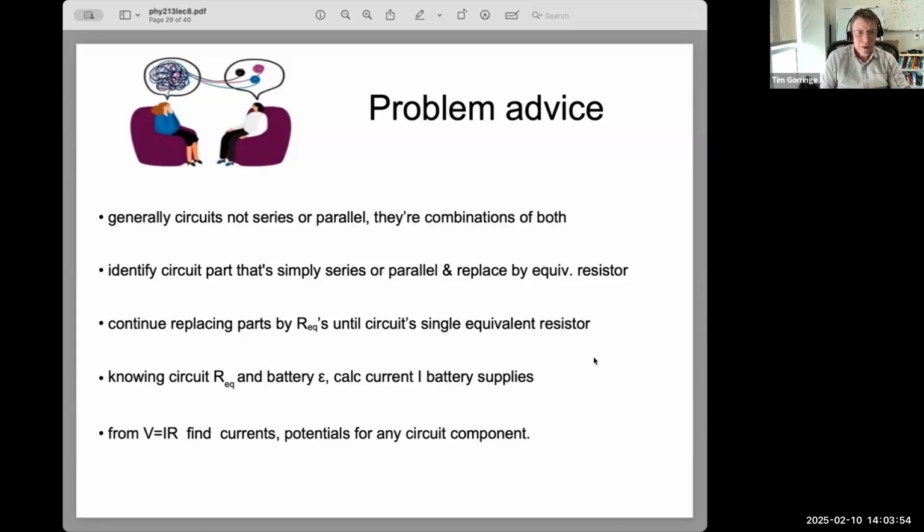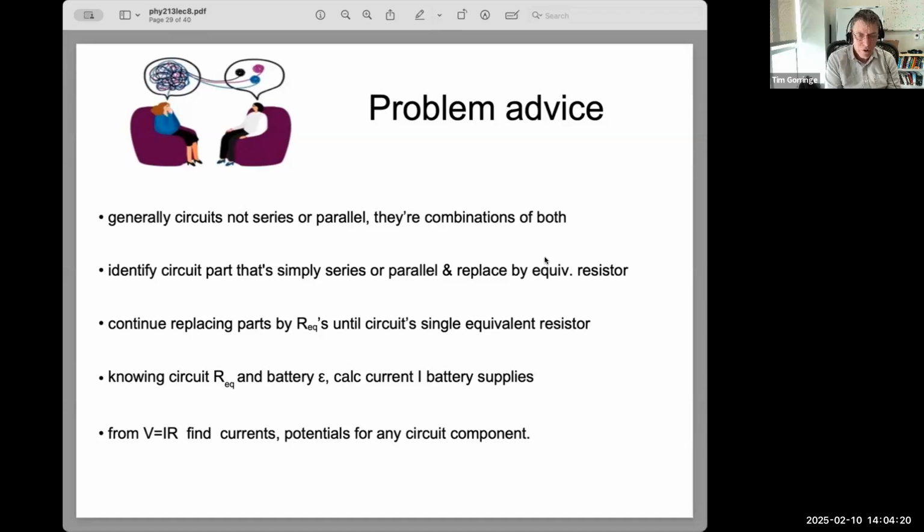To solve a complicated circuit problem, second bullet here, we want to identify small sections of the circuit that are simply series circuits, or simply parallel circuits, and replace them with equivalent resistors. And we want to do that over and over again.